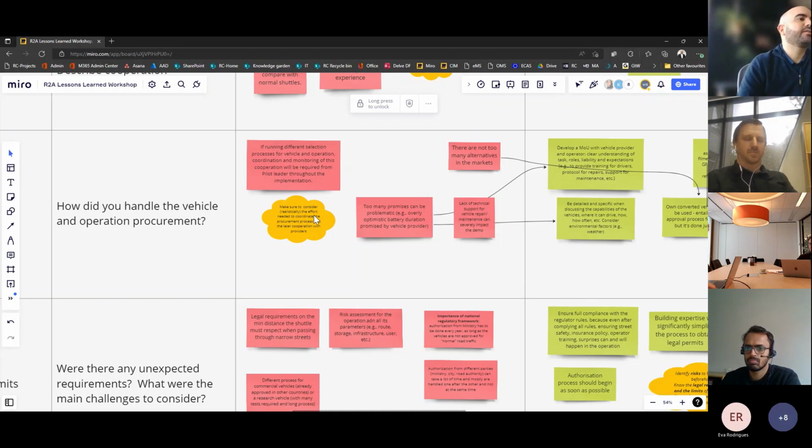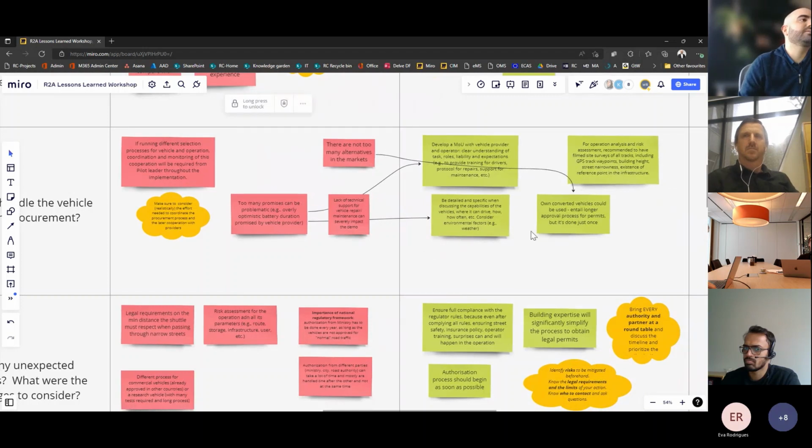So the call for that type of issues was to be very detailed and specific when discussing the capabilities of the vehicles being selected, where it can drive, how often, and also to consider the environmental factors. As mentioned already by Karina before, the question of weather and how it affects, for instance, battery duration.